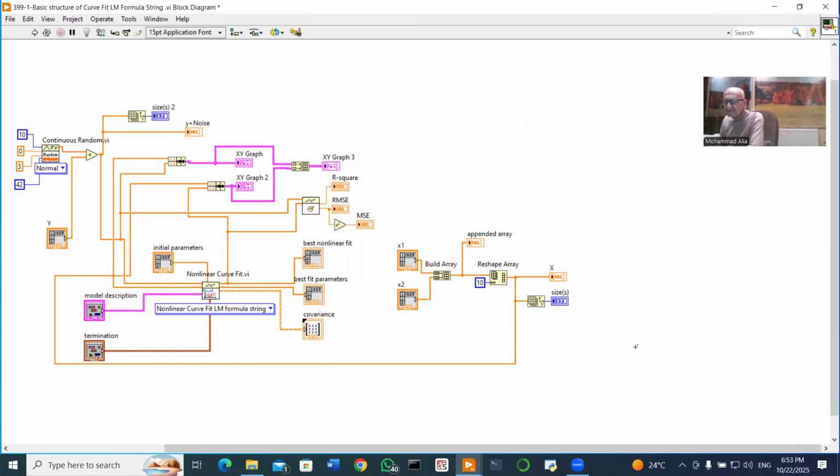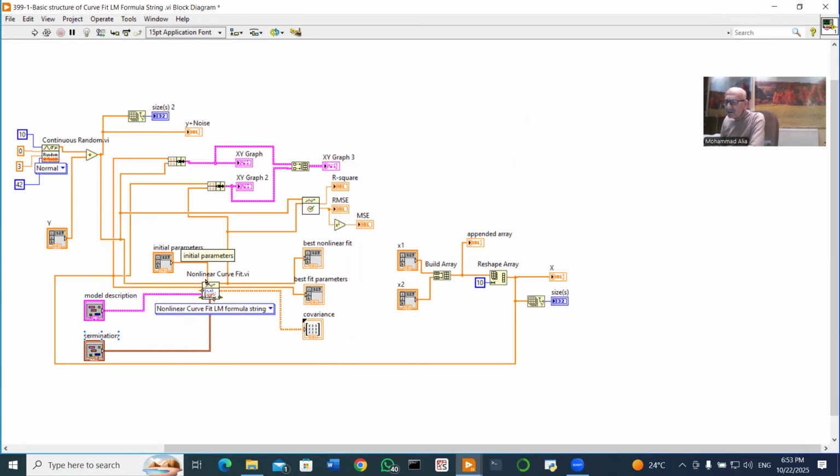It is deleted. Okay, so now we have input y, input x, and the input terminal which represents the mathematical model description. These are the most important.